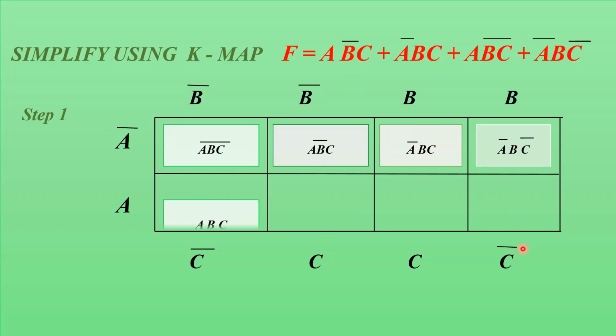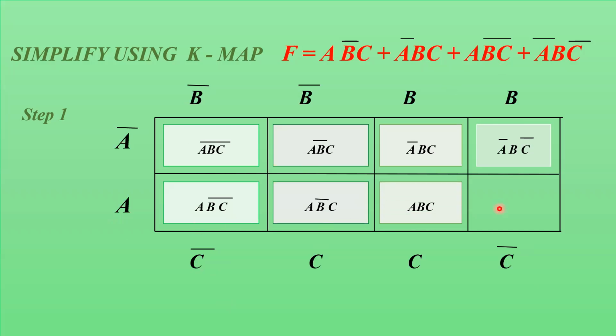Okay, next A, B complement and C complement. Then A, B complement, C, A, B, C, then A, B and C complement. This one is very easy to write the values in the map. Clear? Okay.